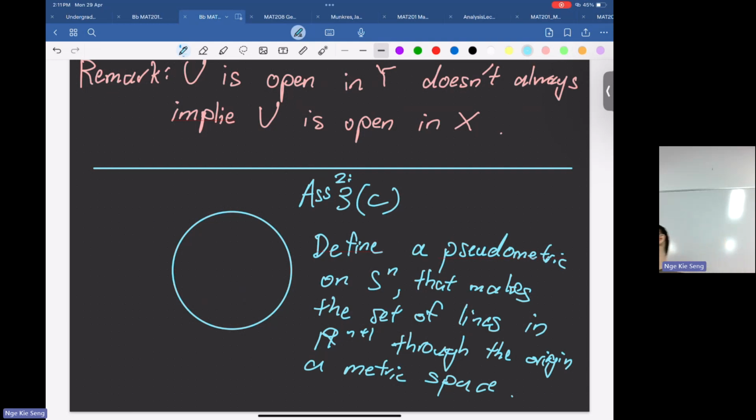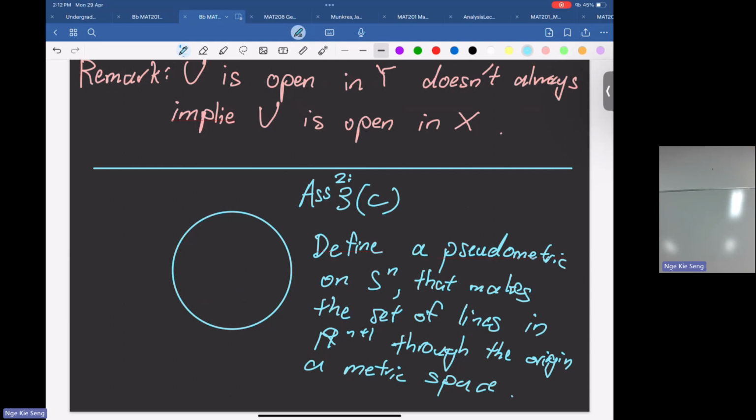So you can have two different points with 0 distance between them. But this is not any random pseudometric. You need to make the set of lines in Rn+1 through the origin into a metric space. What does this mean?